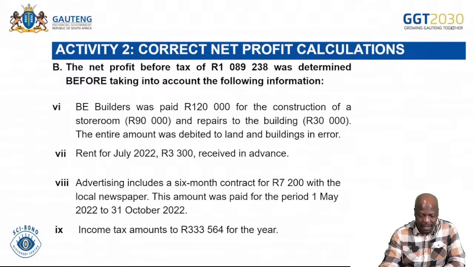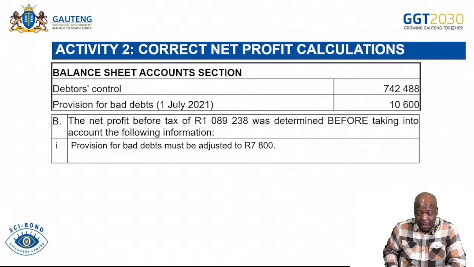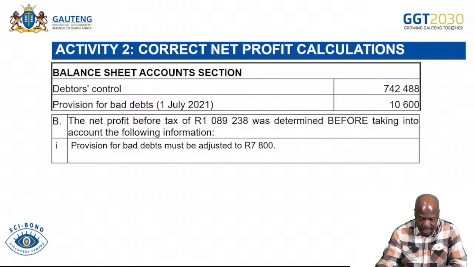Number one now. We're going to begin with the first one. We're told the net profit before tax of 1,089,239 was determined before taking into account the following information. So the provision for bad debts was not yet considered.